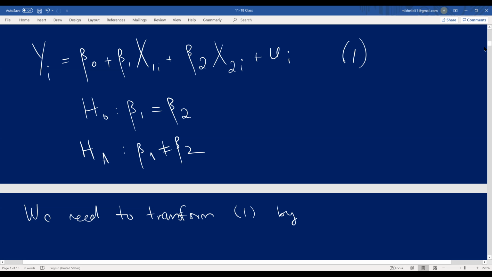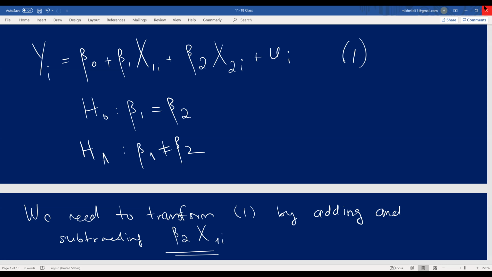In this case, it will be adding and subtracting beta 2 times x1i term on the right hand side of this model.